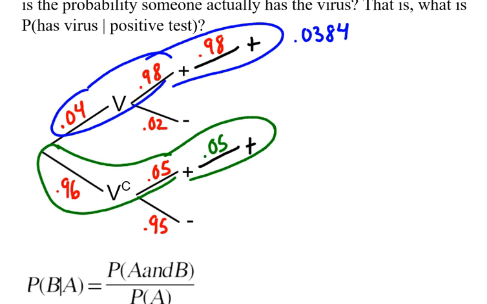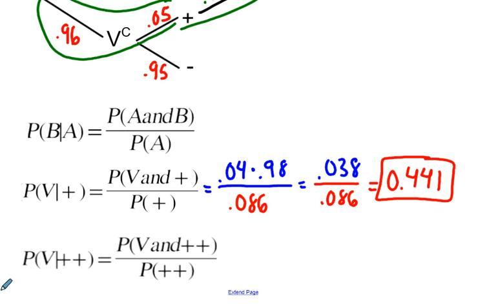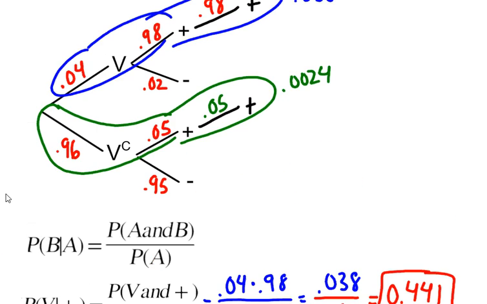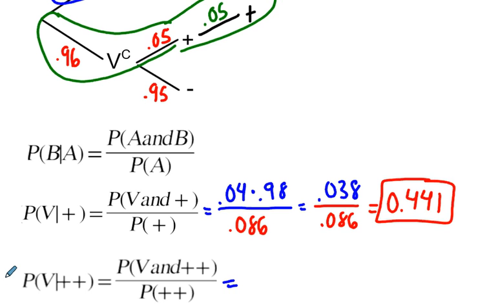This one would be 96% don't have it, and then 5% to get back-to-back positives. 0.96 times 0.05 times 0.05 is going to leave me at 0.0024. So down here, what's the probability that I had a virus and had 2 positives? That's this blue branch, 0.0384.